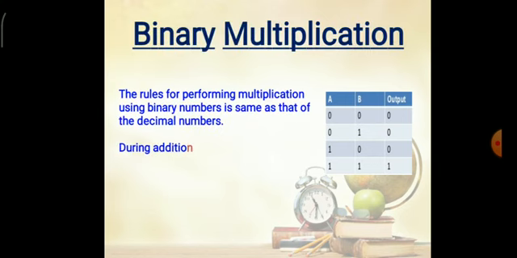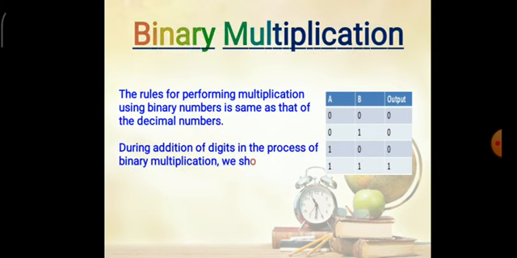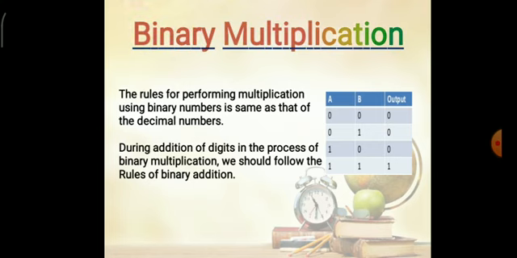The rules for performing multiplication using binary numbers are the same as that of the decimal numbers. During addition of digits in the process of binary multiplication, we should follow the rules of binary addition. Only this we have to remember, that if the multiplication is multi-line, during addition of the digits we should follow the rules of binary addition.